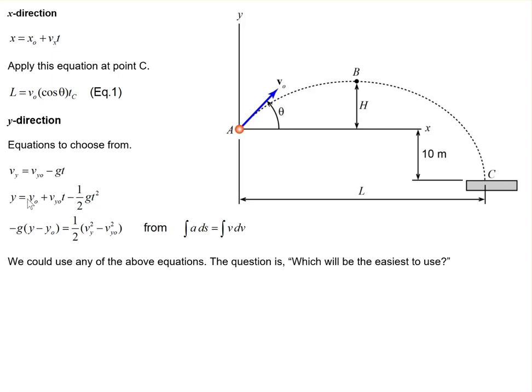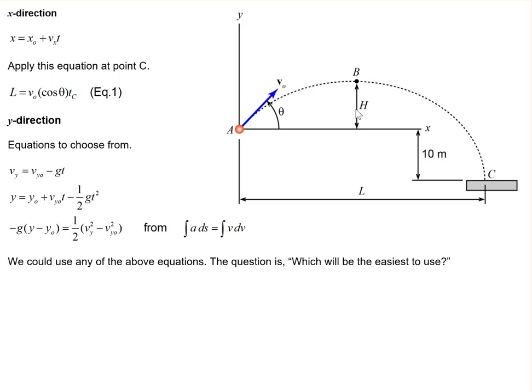For the position equation, we don't really know the position of B, but we do know the position of C. It's minus 10 meters. So that equation might be a good one to apply at C. All right, if you go to the last equation, what point could we apply that one at? Well, we know the velocity of B in the Y direction, and also it has position, right?